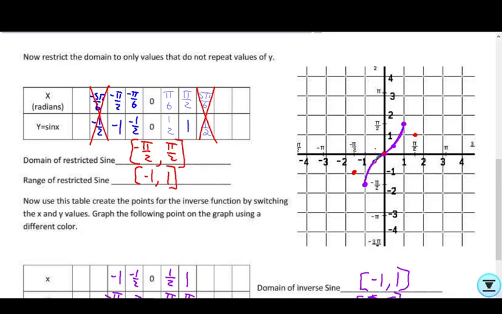So this one reflects there. Look like this. That's the original sine, where the purple is the inverse sine. And if you remember, when you talk about the inverse, the graphs reflect over y equals x. The y equals x line is basically right here.